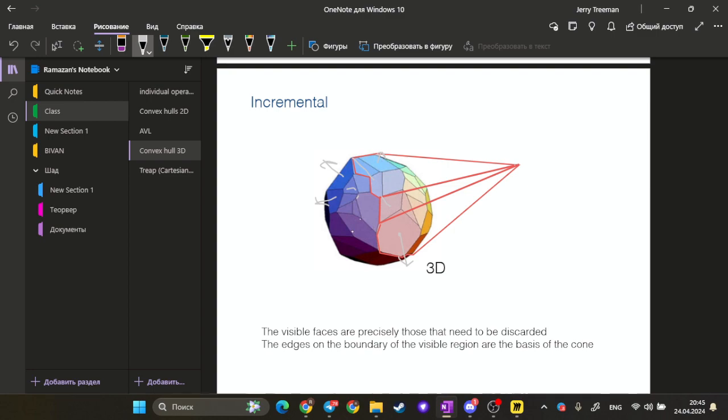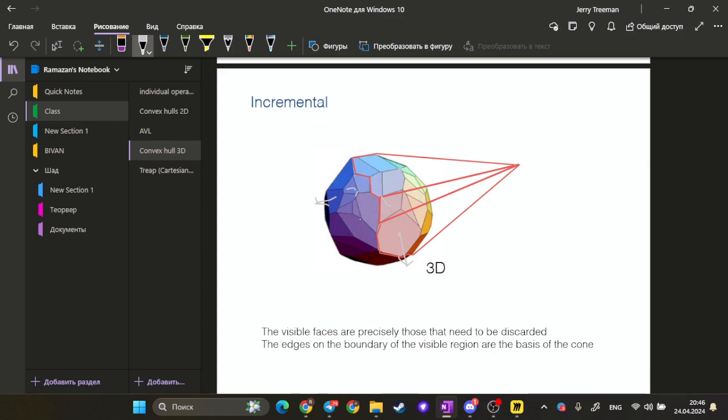Let's consider again. Each of our triangles is based on two vectors and has a normal vector. So I think we need to consider this volume.